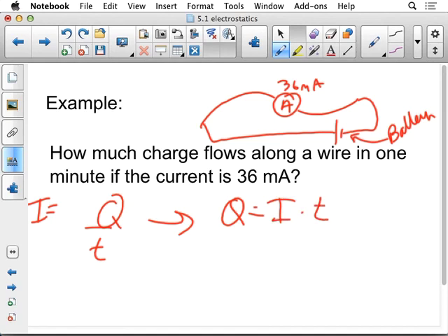No. Technically, on some problems, it might make more sense to do that, but T is the amount of time. Okay, and therefore, we have current 36 milliamps times 60 seconds. What's the answer, Karan?